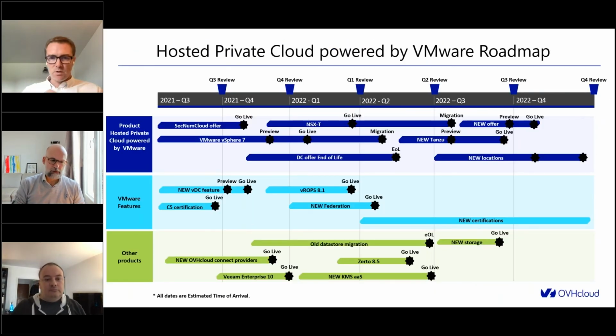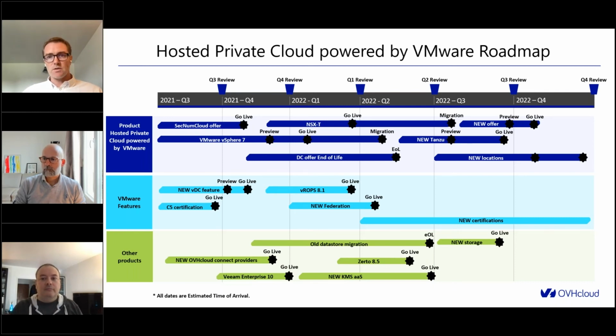And after that, we are also going to launch a new offer. Sorry, let's go back. Yes, there is a new offer also for next year. Just a teaser, but it will be really useful. After VMware 7 and NSX-T, we spoke about containers, and Tanzu is a new product included in the platform that we are going to launch next year also.